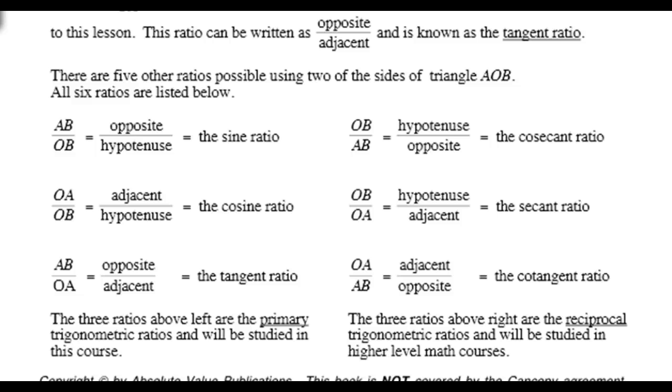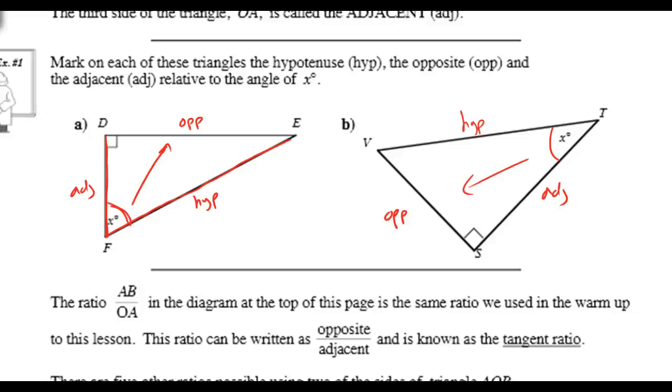Okay, so now there are what are called these special trigonometric ratios, and those ratios are basically the ratios of the length of the sides. Obviously, any ratio is written in fraction form.